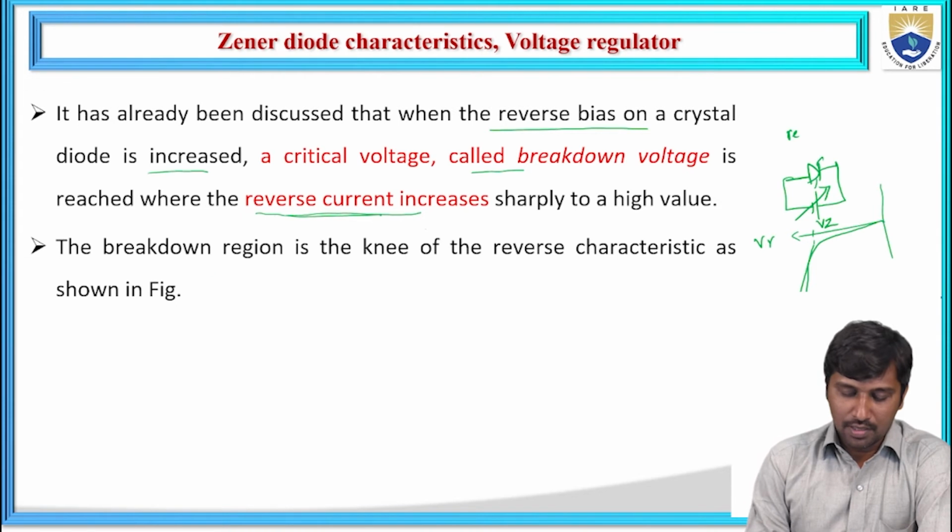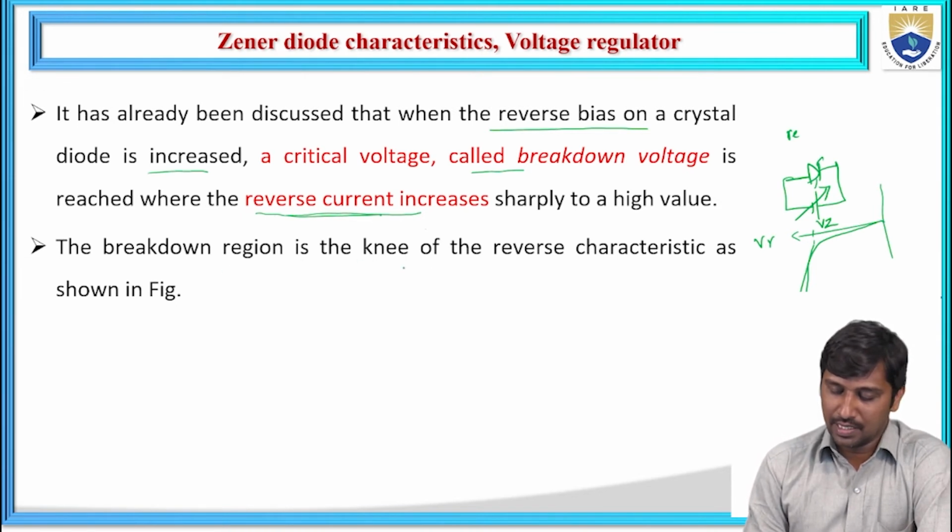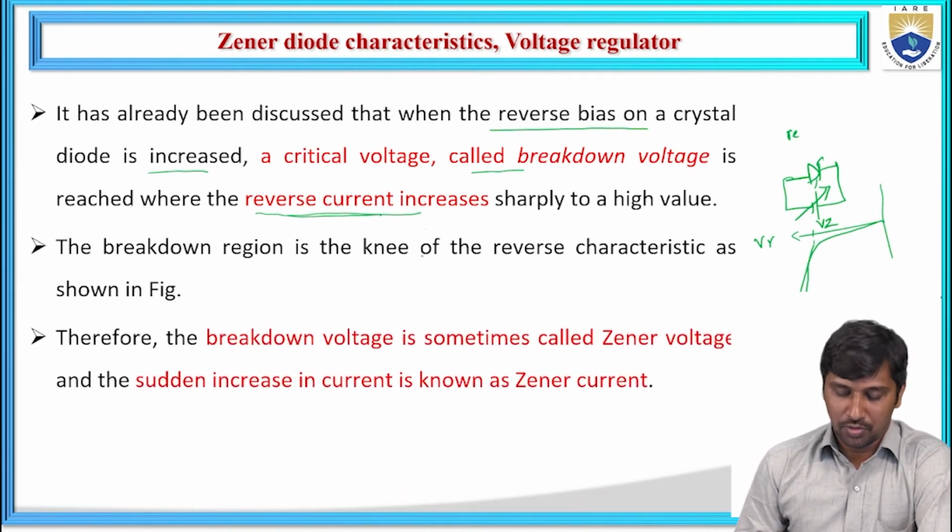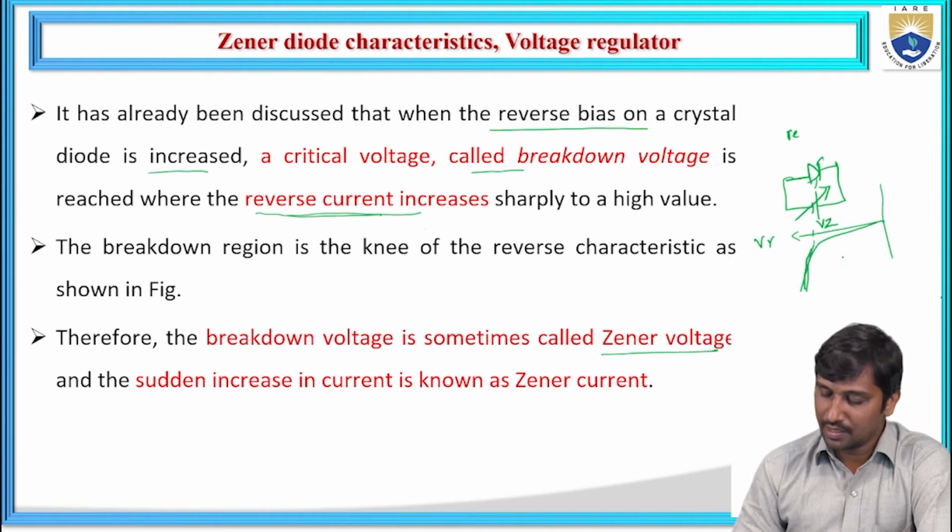And one more point, the breakdown region is the knee we are going to show here, and the breakdown voltage is also sometimes called the Zener voltage, and a sudden increase in the current, so this is a sudden increment.